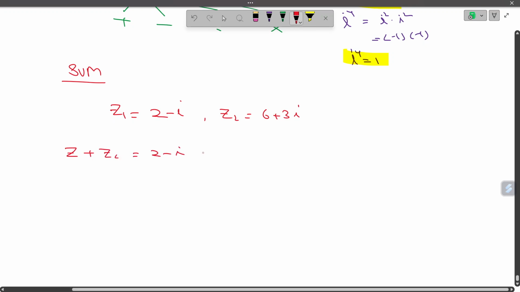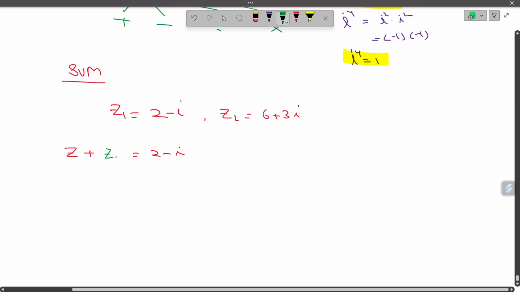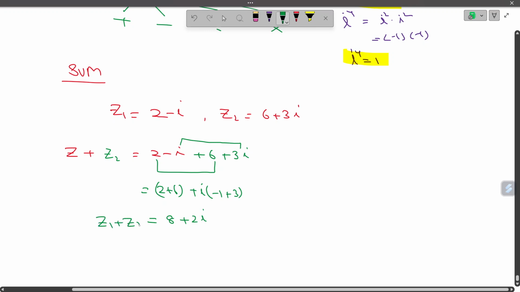Real parts go together and imaginary parts go together. So 2 plus 6 is the real part, and taking i common, minus 1 plus 3. 2 plus 6 is 8, so it is 8 plus 2i. That is the sum of two complex numbers.